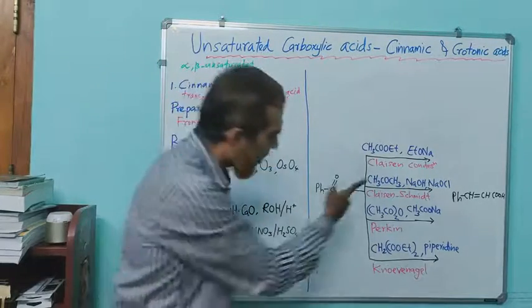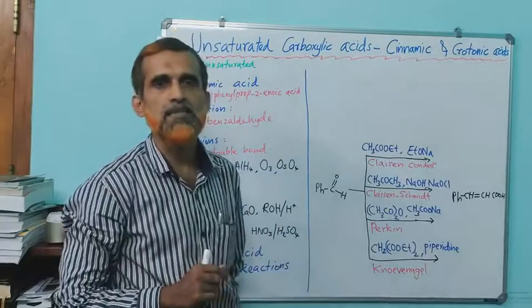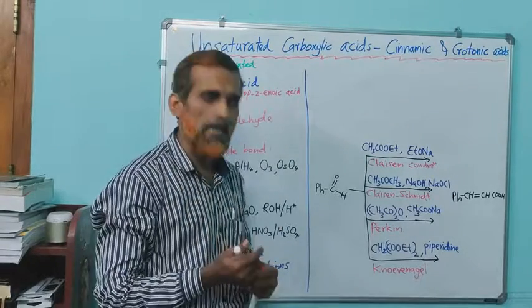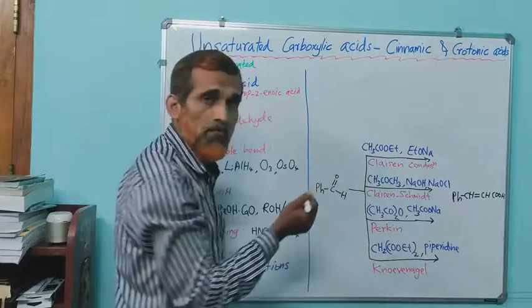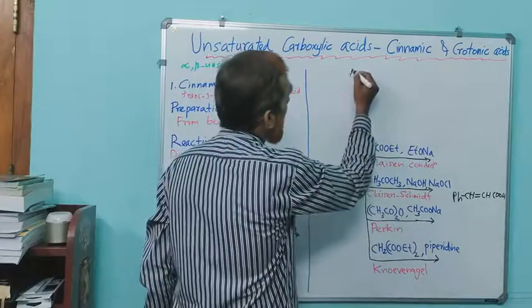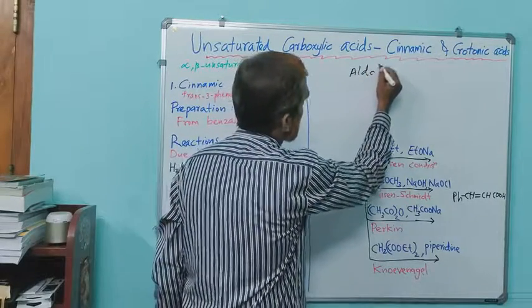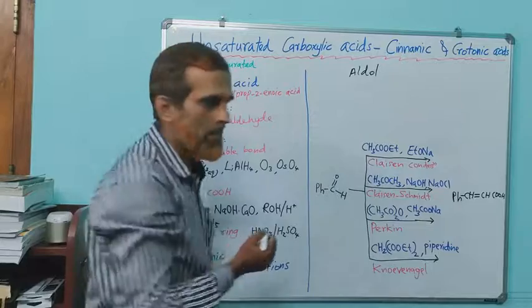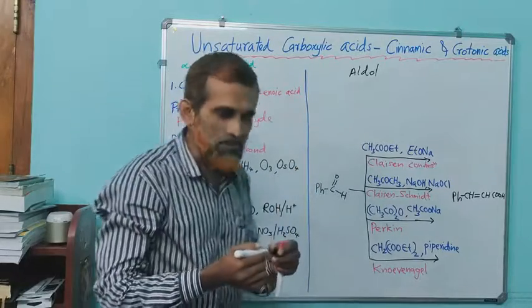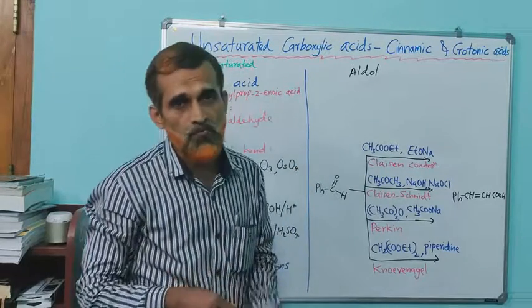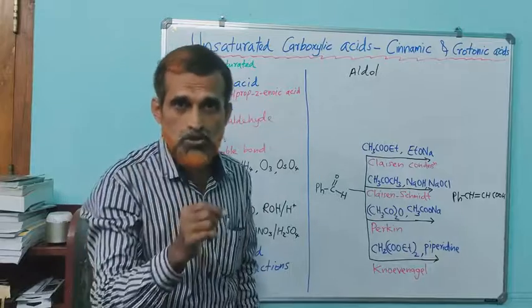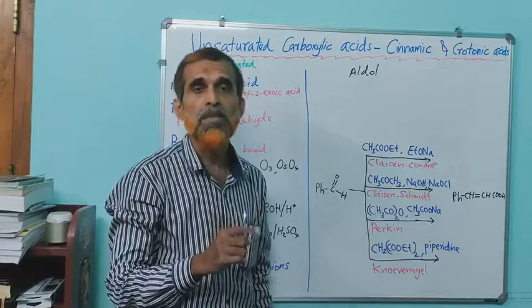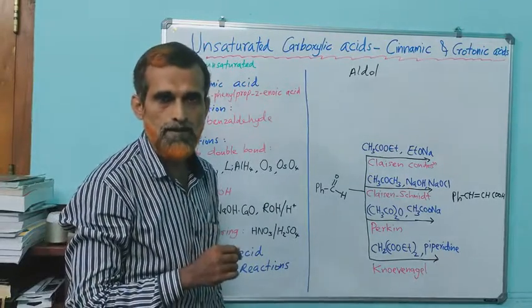Now see that all these condensation reactions are closely related to one which you know very well, that is aldol condensation, which is the condensation of an aldehyde or ketone containing alpha hydrogen in the presence of a base, right?